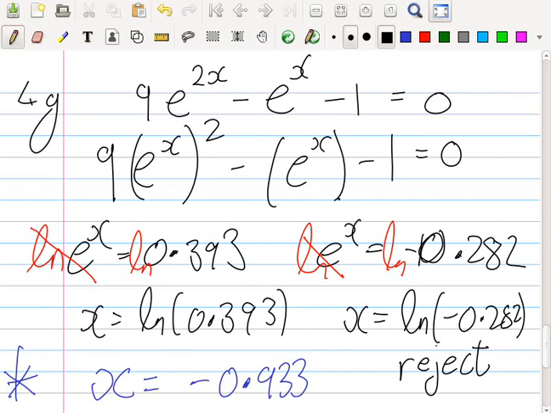So log e^x all becomes just x. And the second idea that we needed here was you can't have logs of a negative number. But you would have found this out if you tried to do it on your calculator. Okay. Number 4 is fine then? Yeah, so 6 next, x and y.